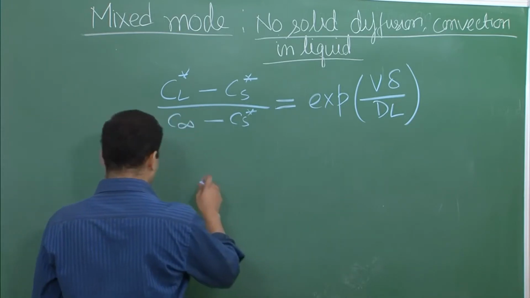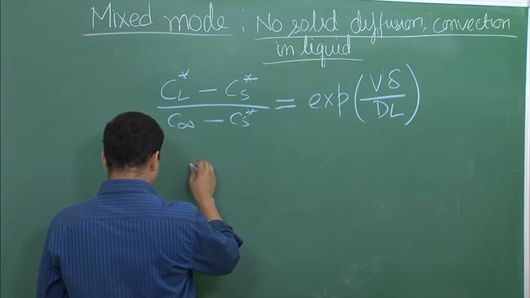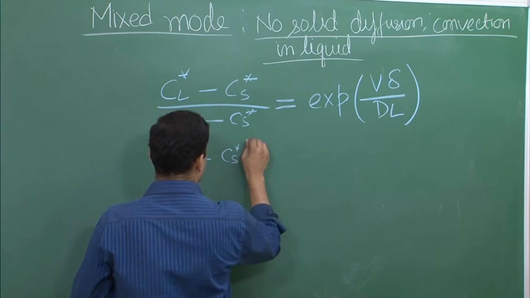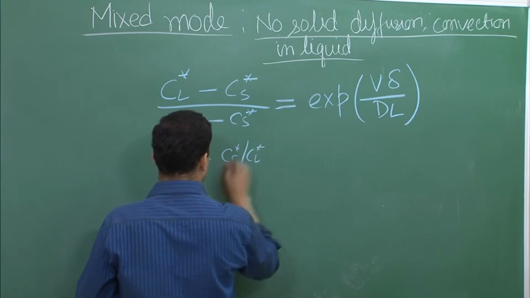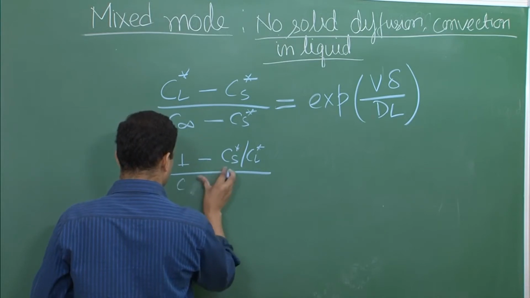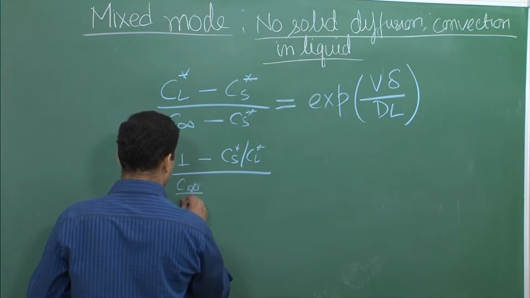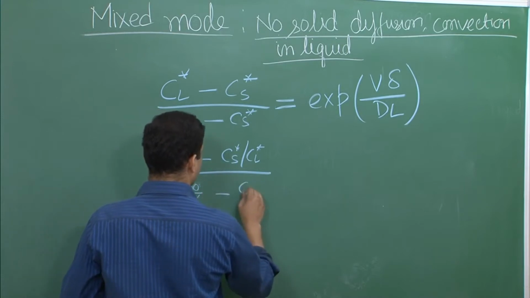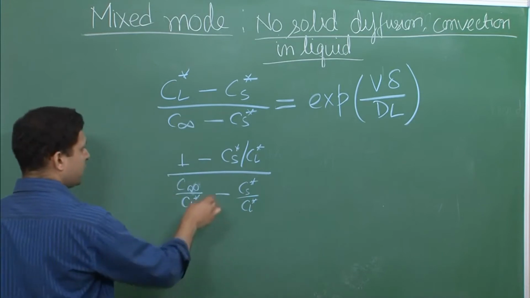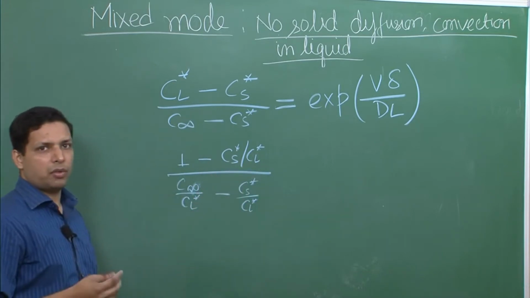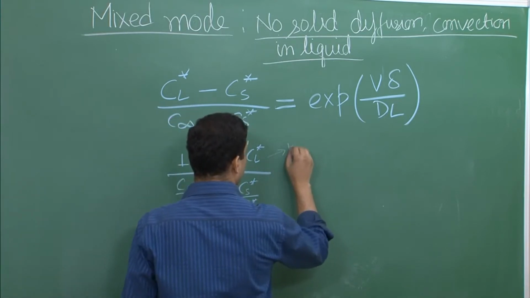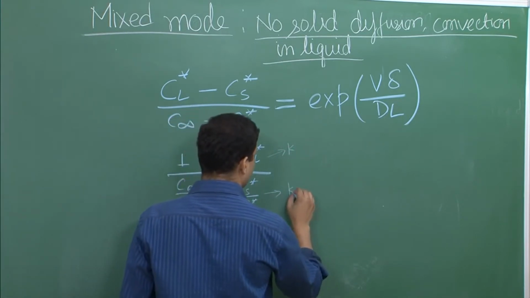Now if we divide it by CL star, then this becomes... now what is this CS star by CL star? You remember that is the partition ratio. So this is very easy, this gets transformed to K, this gets transformed to K.